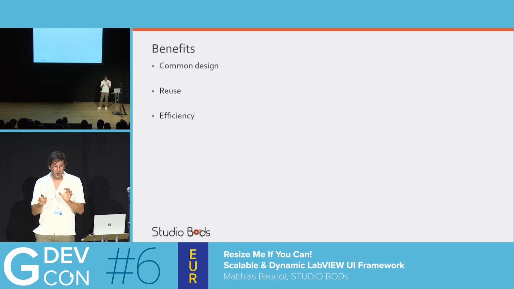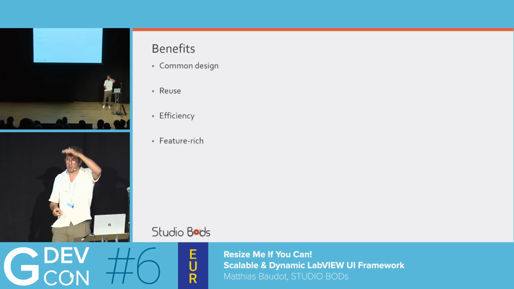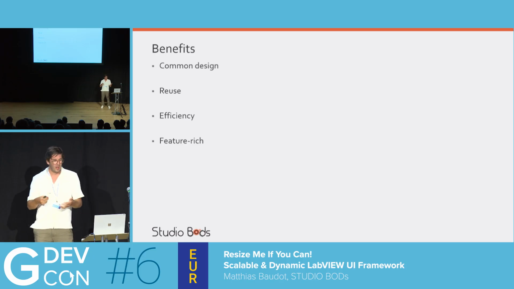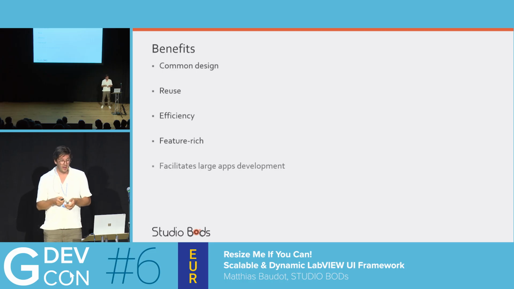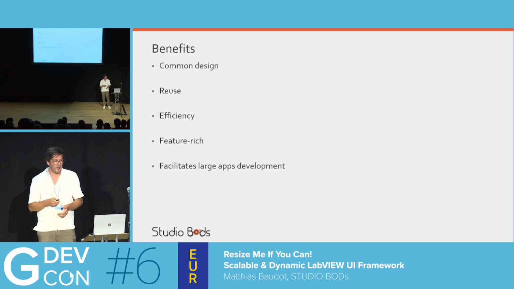Even for a very simple app, it saves time to start with some framework like that. A lot of features: resizing, docking, undocking, busy cursor, lookup of the UIs in the call chain and hierarchies, PPL friendly, UI Manager and UI Modules API testers. And the structure for creating and displaying UIs is already in place with guidance on how to use, so it facilitates the development of large applications.